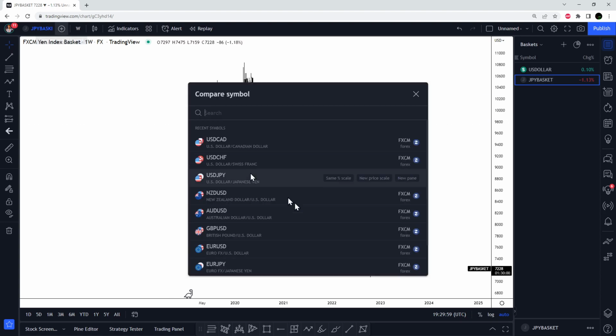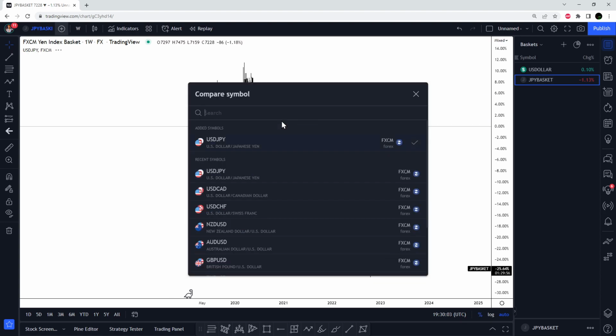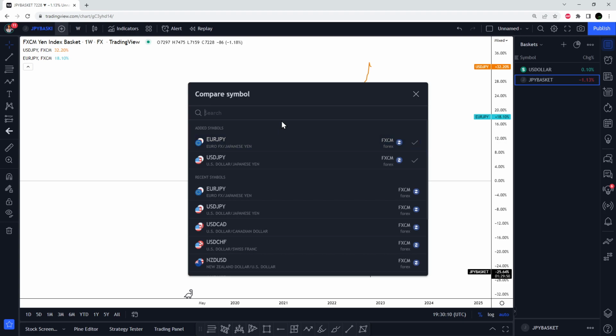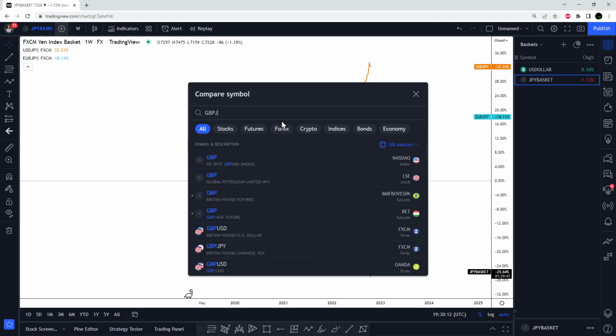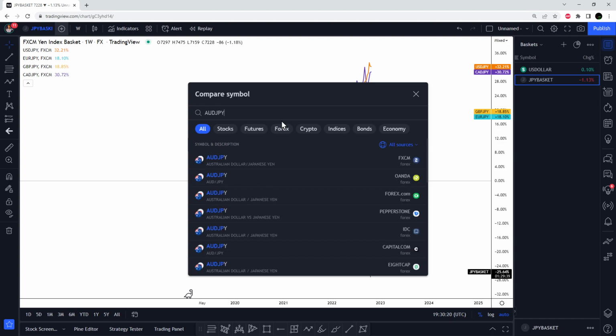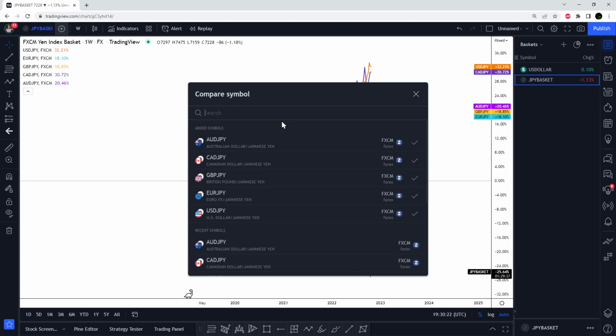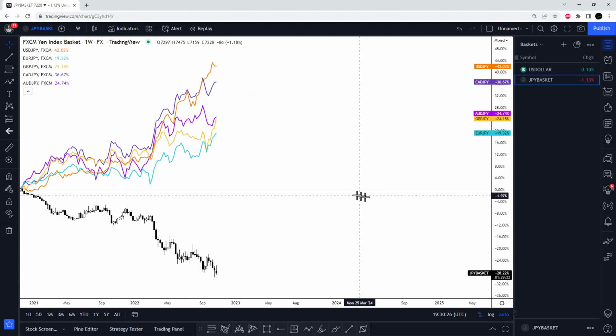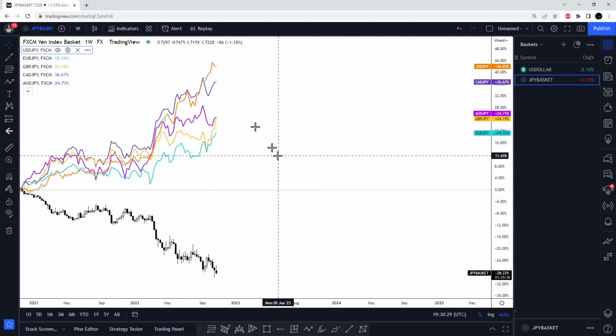So what you would do is press this and then add all the USD yen, Euro yen, GBP yen, CAD yen. What am I missing? Australian yen, and so forth, and then figure out which one has been the worst.